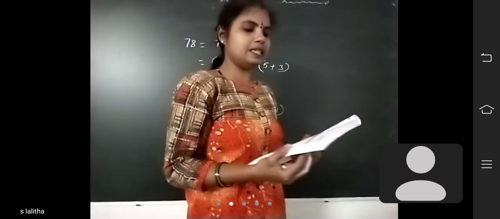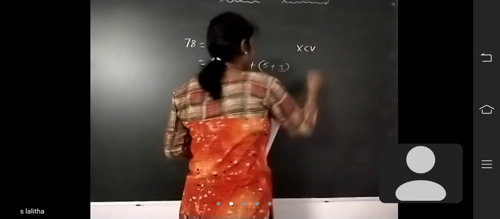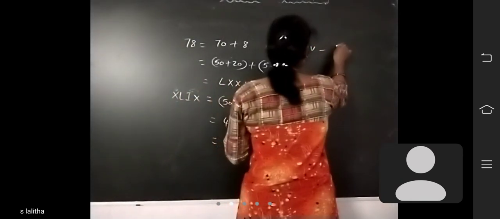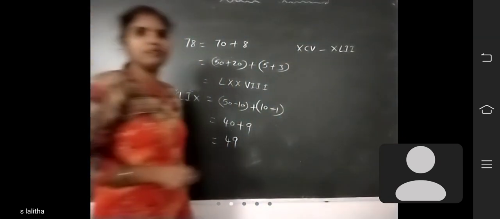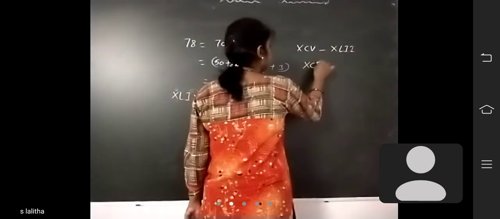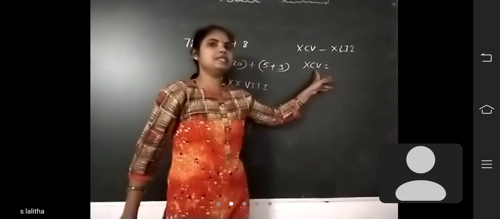Next. What is the difference in the values of XCV and XLII? XCV minus XLII. So what is XCV? What is that value? XCV. X means 10. C means 100.